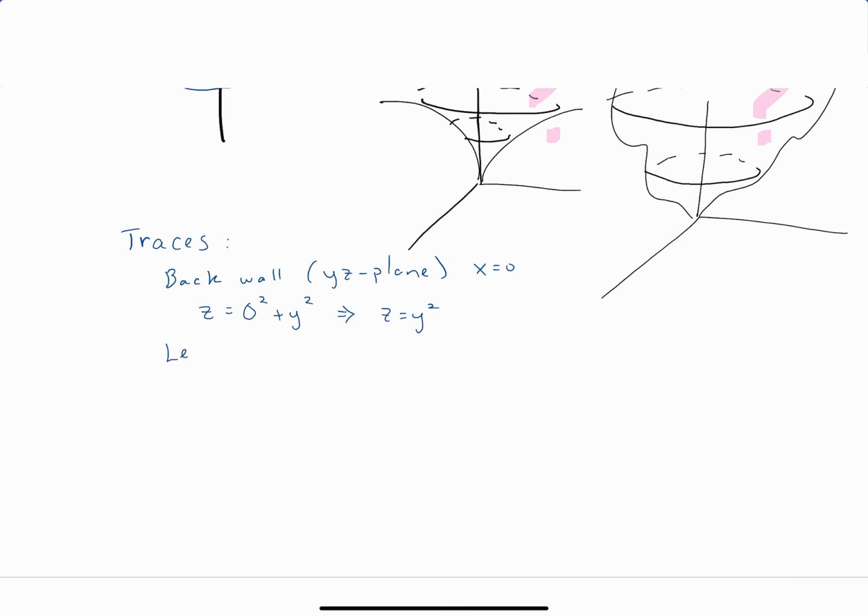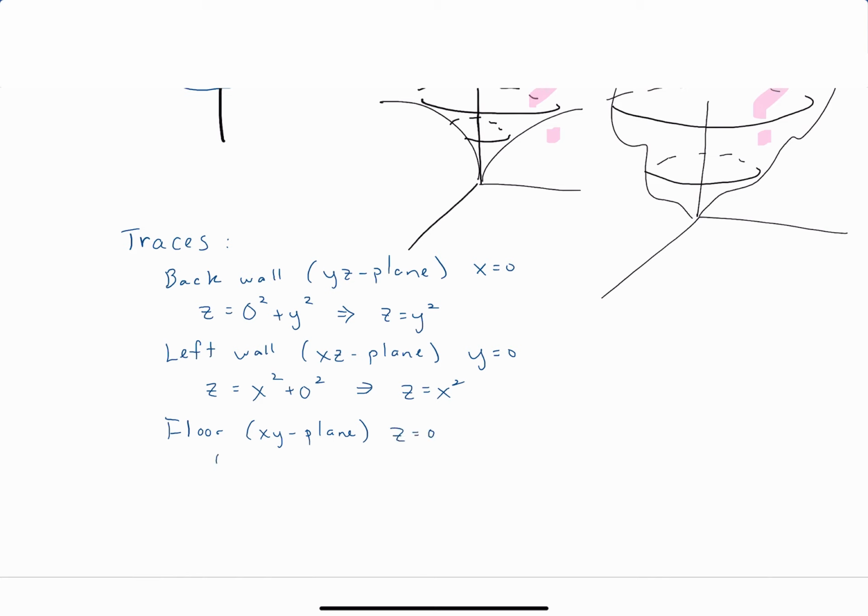Let's also look at the left wall, which is the XZ plane. And on the XZ plane, Y is 0. So if we put in 0 for Y, we have Z equals X squared plus 0 squared. In other words, Z equals X squared. And that's also a perfectly ordinary parabola. And if we look at the floor, in other words, the XY plane, on that plane, Z is 0.